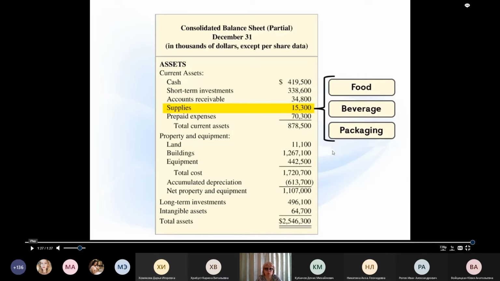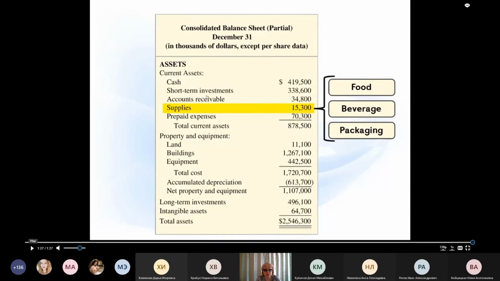What is important is that we collect very detailed information on accounts, but before we prepare a balance sheet, we should aggregate some accounts in order to disclose information in the balance sheet in an aggregated format. For example, let's take a small example about a restaurant. This company has a food account, a beverage account, a packaging account, and maybe some other accounts.